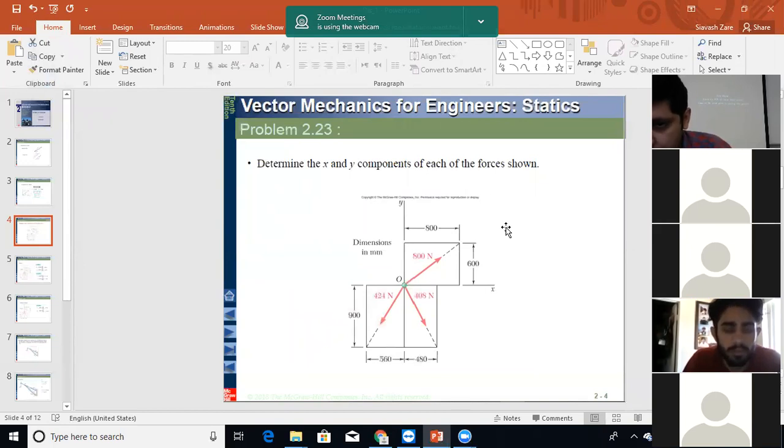So you have, for example, for the 800 Newton force on the top right, 600 in the y and 800 in the x direction.